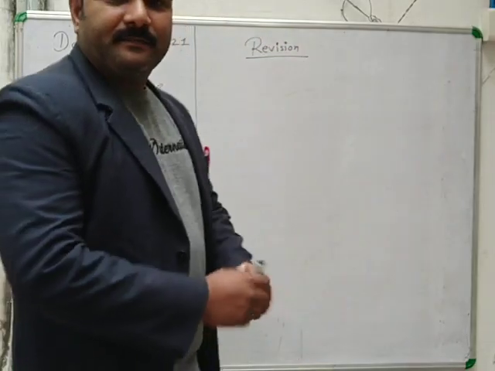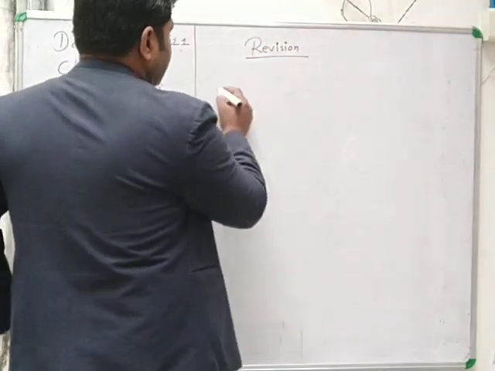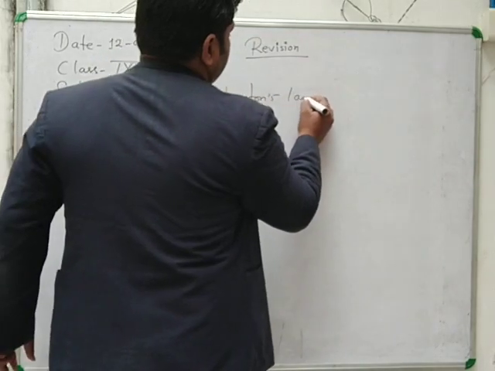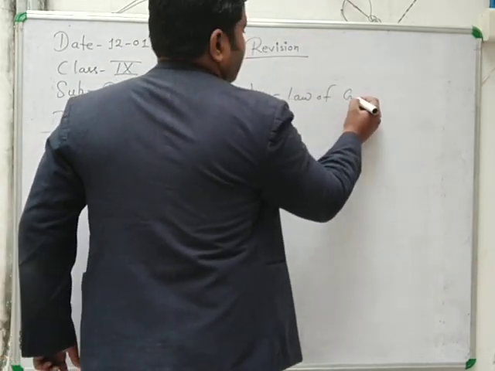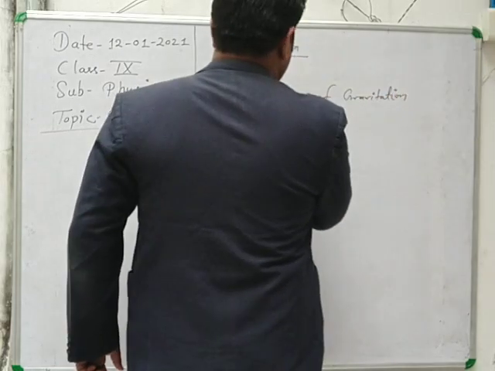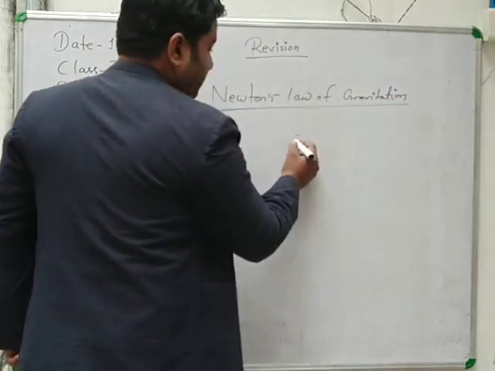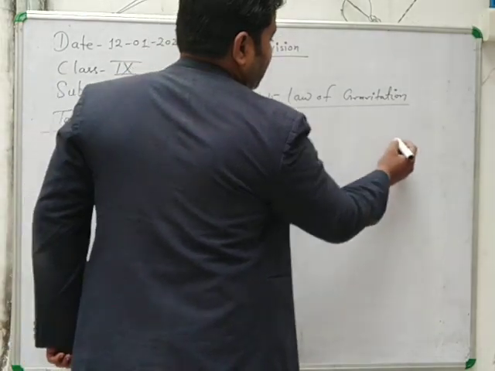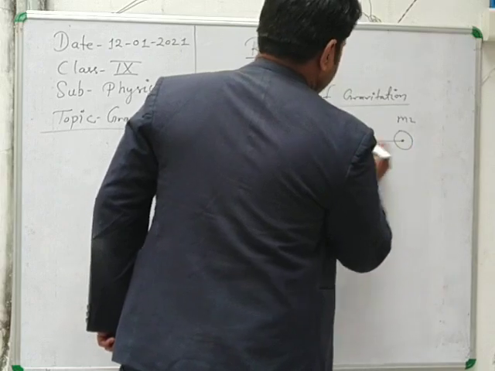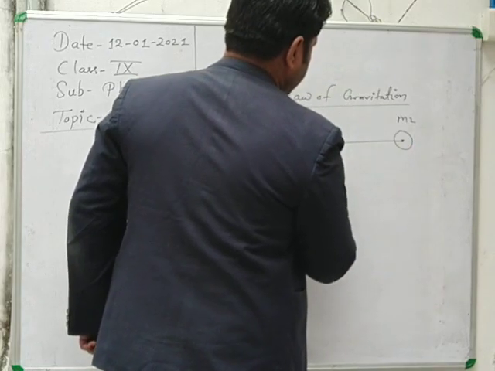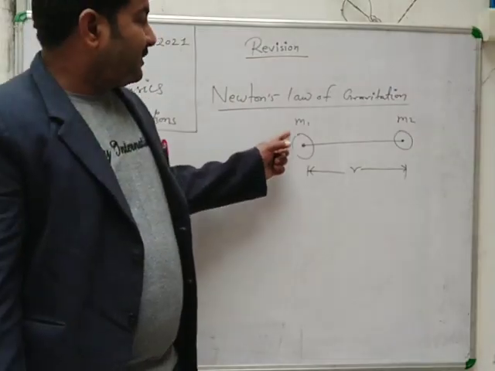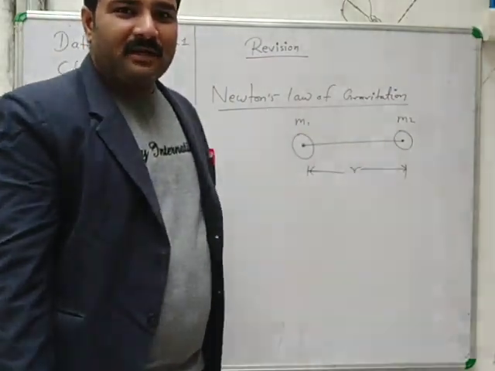Clear? So see here two bodies in Newton's law of gravitation. Two bodies having masses m1 and m2 separated by a finite distance r.